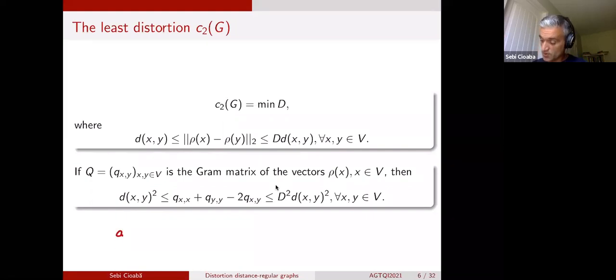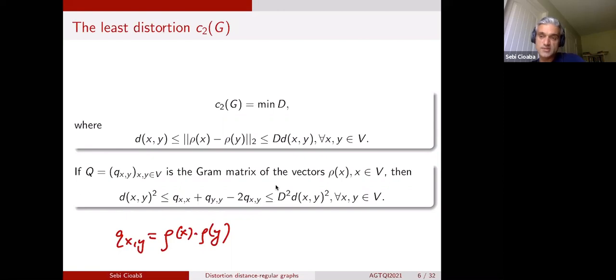So Q(x,y) is just rho x dot product rho y. If you square those inequalities on the top, you will get that the distance squared between x and y is less than or equal to the distance squared between rho x and rho y. When you calculate that, it's the middle expression there; I won't read it. And on the right hand side, you just get the square of the corresponding right hand side.